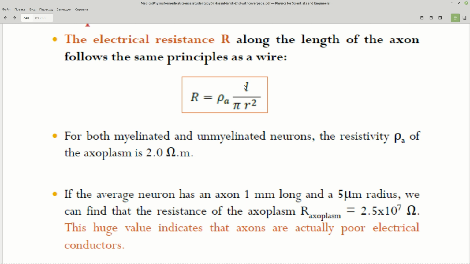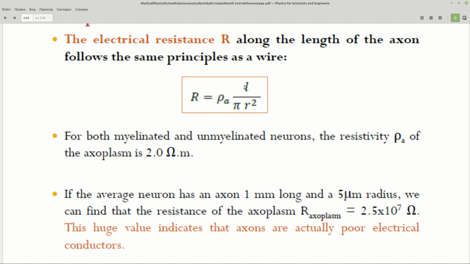In the combination of resistors in parallel, look at the right side of this presentation. Here is the circuit diagram showing two resistors connected in parallel to a battery. The potential difference across each resistor is the same because each is connected directly across the battery terminals.